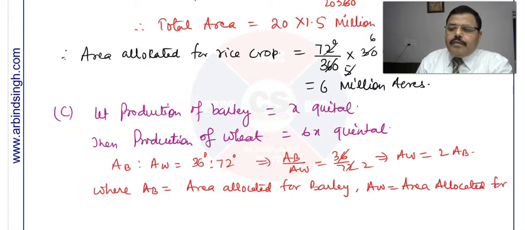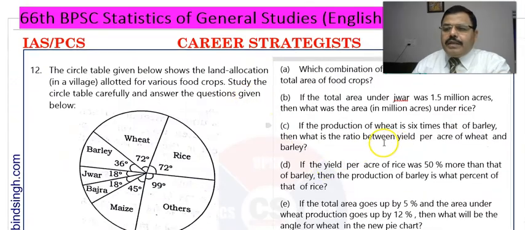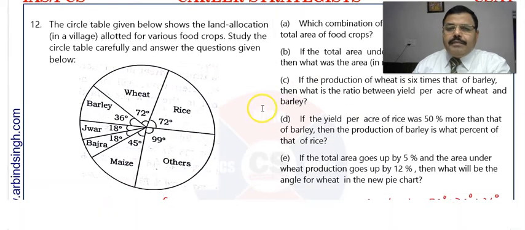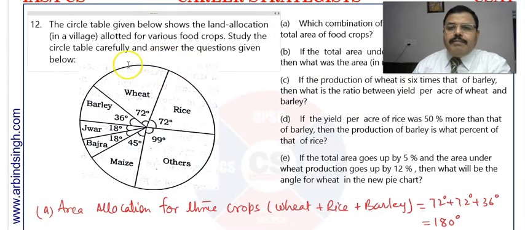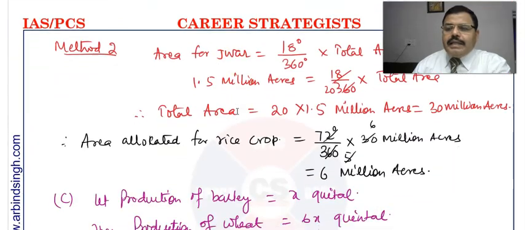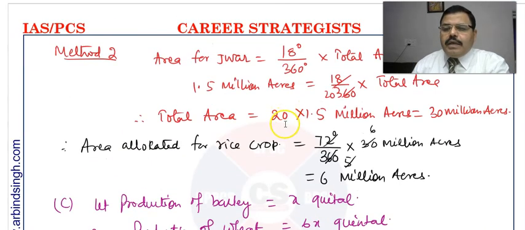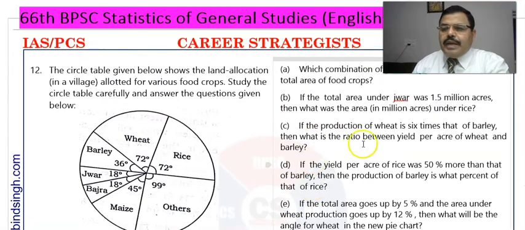Now the question is about production yield per acre. This is given in million acres. So the yield per acre ratio: we have to take wheat first and barley later.